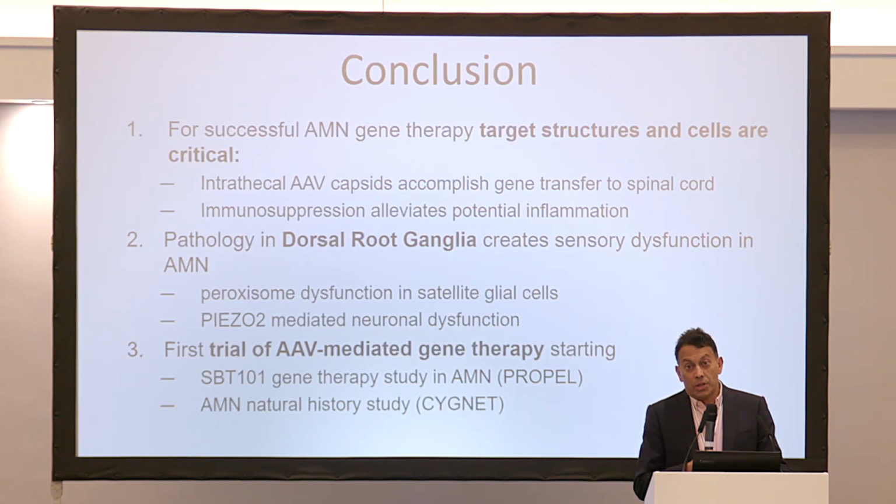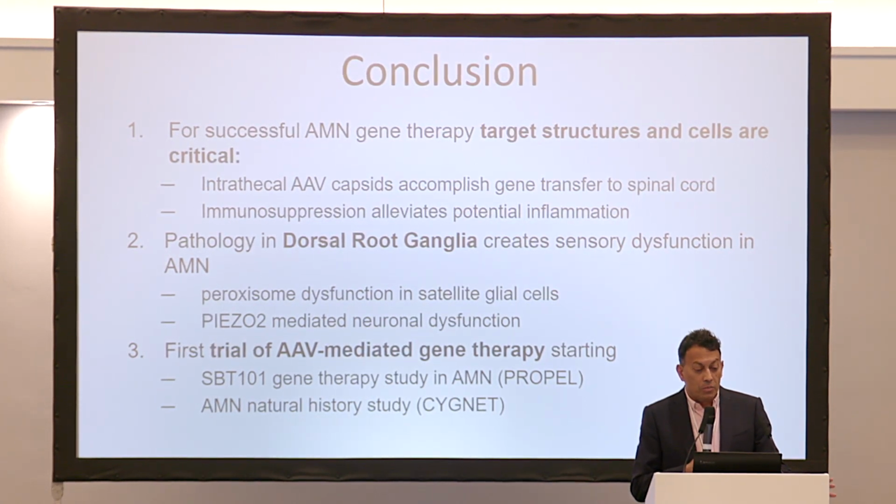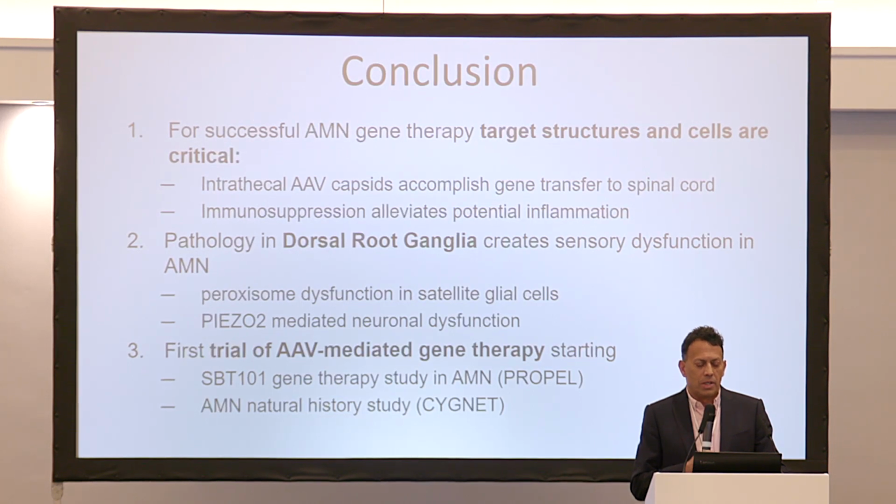We understand from other trials that we can use immune suppression and immune modulation to suppress immune responses. We think that the dorsal root ganglia are critical structures because of the amount of ABCD1 usually expressed there. And we are starting to understand more about how these dorsal root ganglion neurons mediate neuronal dysfunction, pain, spasticity, and sensory aspects.